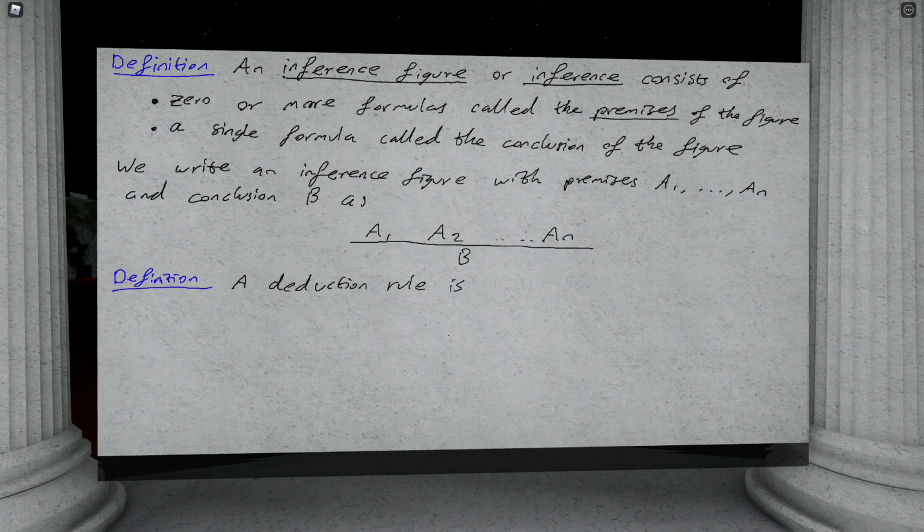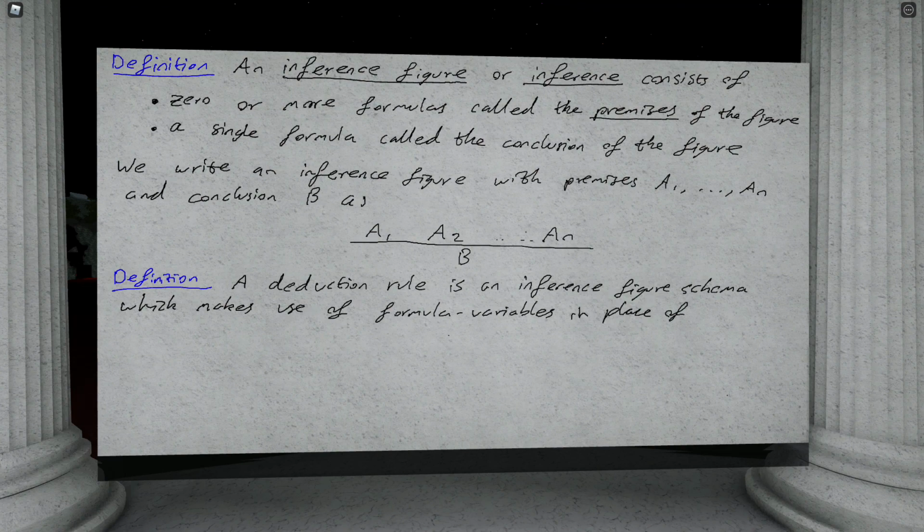So a deduction rule is an inference figure schema which makes use of formula variables in place of subformulas of the premises and conclusion.